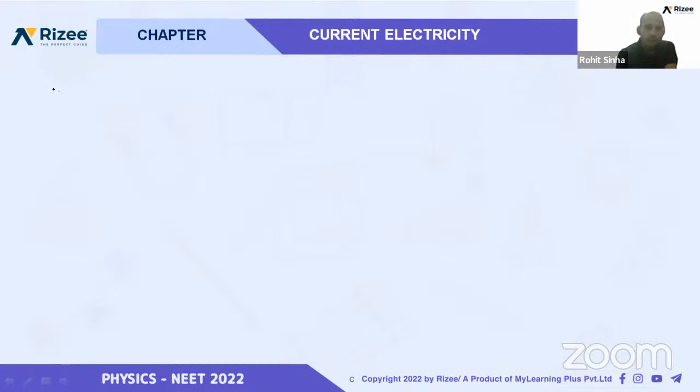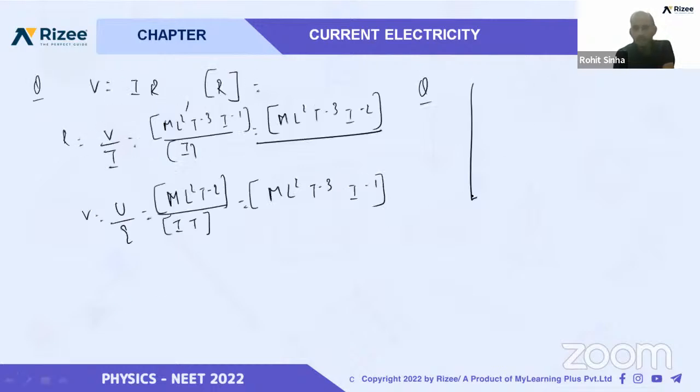Yes. Now, one more question. Before that, I will teach you one concept. We know that V is equal to IR, that means R is equal to V by I. Suppose we have a VI graph like this. In a VI graph, what does V by I represent?